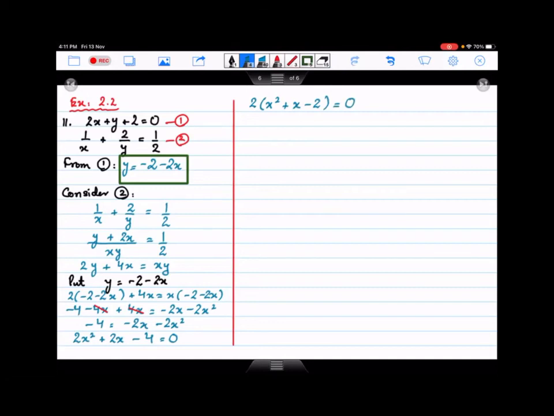And by dividing whole by 2, I will get the equation x square plus x minus 2 equals to 0. So now it has become a quadratic equation. We must solve it by using a quadratic formula or by using the middle term break.